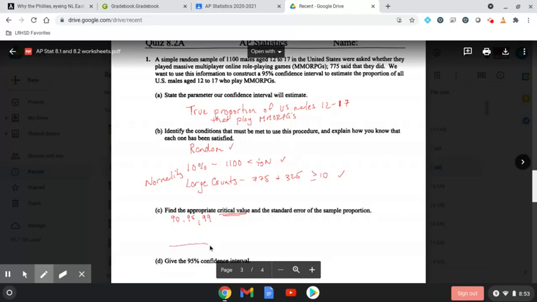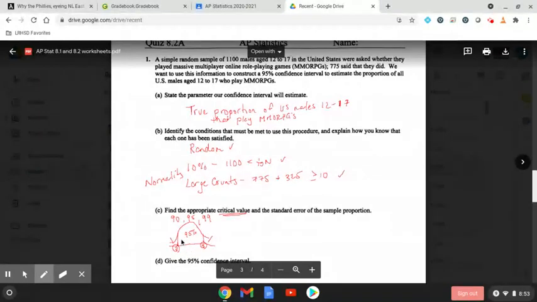If we go back to our normal bell-shaped curve and we think of the middle 95%, we know that there's 2.5% in each tail. We want the corresponding Z values. One's positive, one's negative.